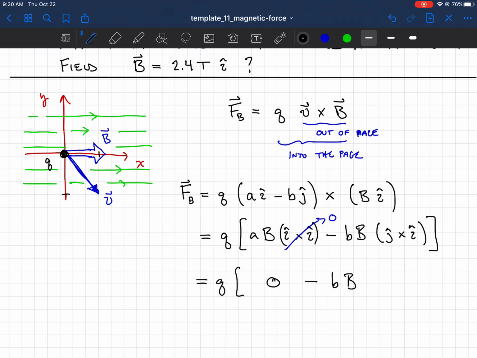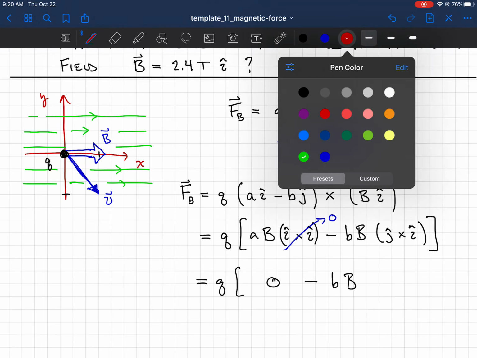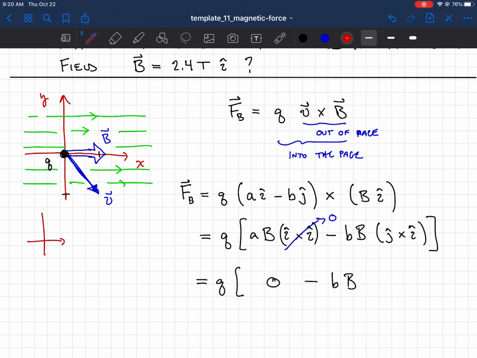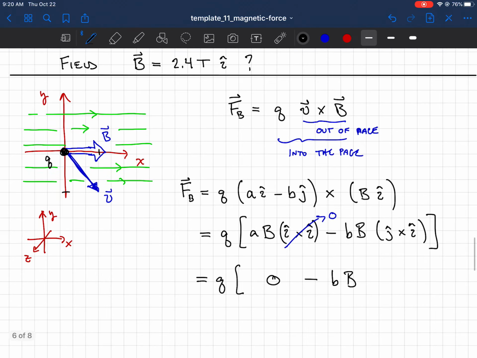So if you put your fingers along the y direction, meaning fingers up the page based on my coordinate system, and then you twist your wrist so that you can close your fingers to the x direction, then your thumb will point into the page. And so it indeed points into the page, which based on a standard x, y, z coordinate system is in the negative z direction. So we write that as minus k hat.